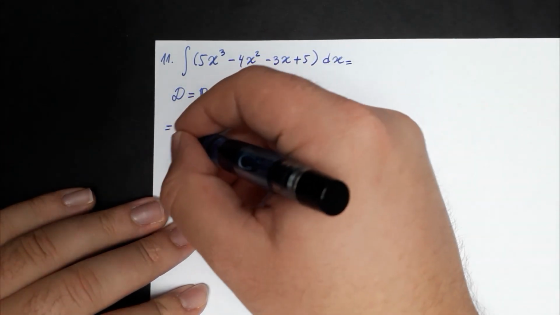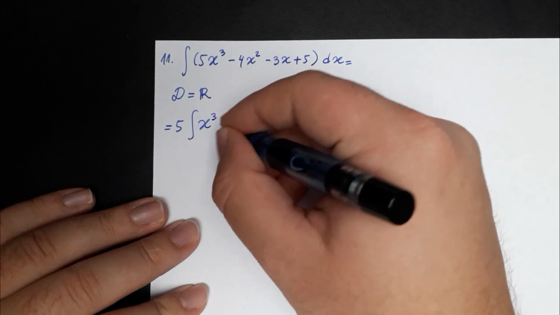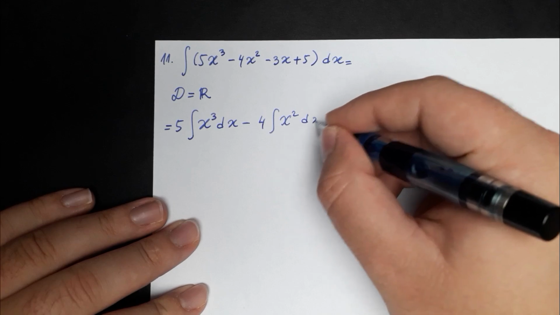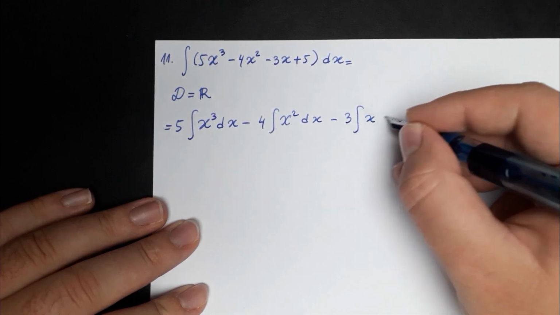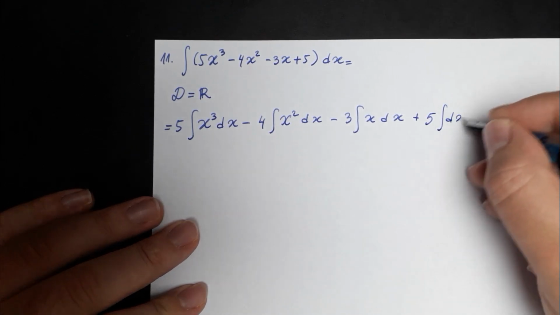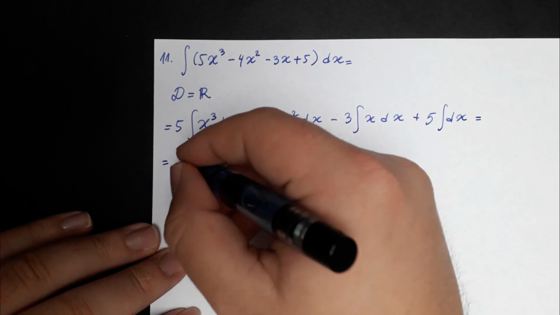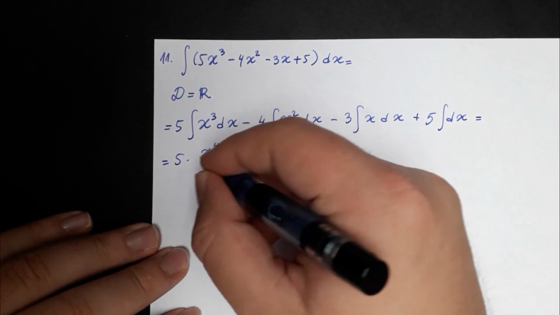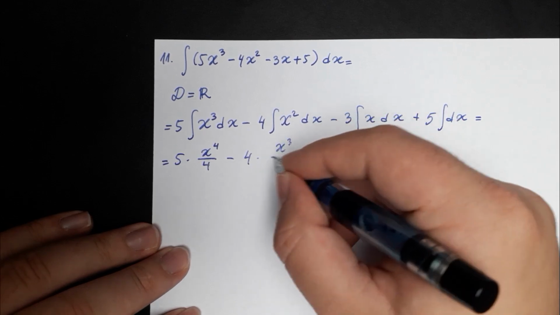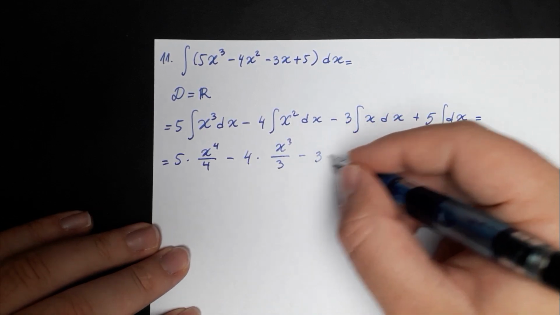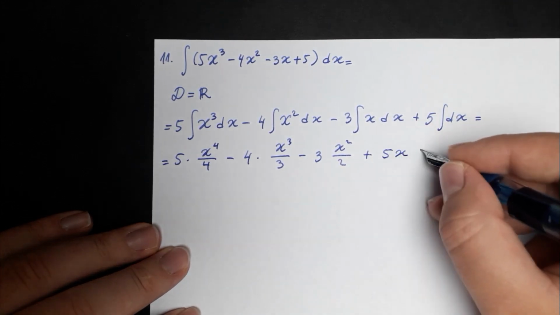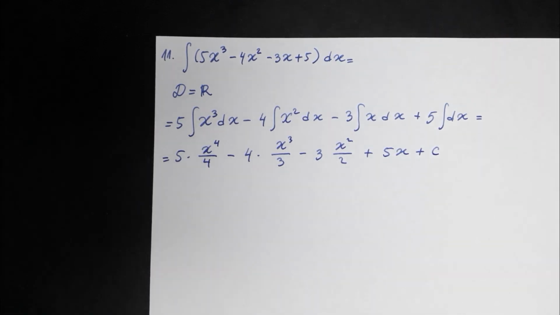This is equal to 5 integrals of x cubed dx minus 4 integrals of x squared dx minus 3 integrals of x dx plus 5 integrals of dx. This is equal to 5 times x to the fourth power divided by 4 minus 4 times x cubed divided by 3 minus 3x squared divided by 2 plus 5x plus an arbitrary real number c.